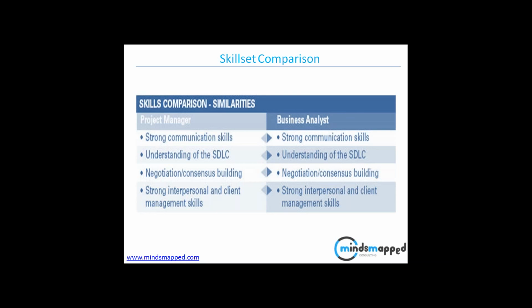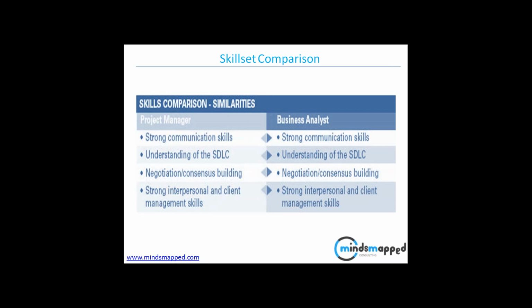So we're just doing a quick skill set comparison just to be sure that you're clear with what a business analyst's role is and what a project manager's role is. So look, both the project manager and the business analyst should have excellent communication skills. They should be able to negotiate with different people. Both of them to a certain extent are people managers because they'll have to deal with a lot of people, right?